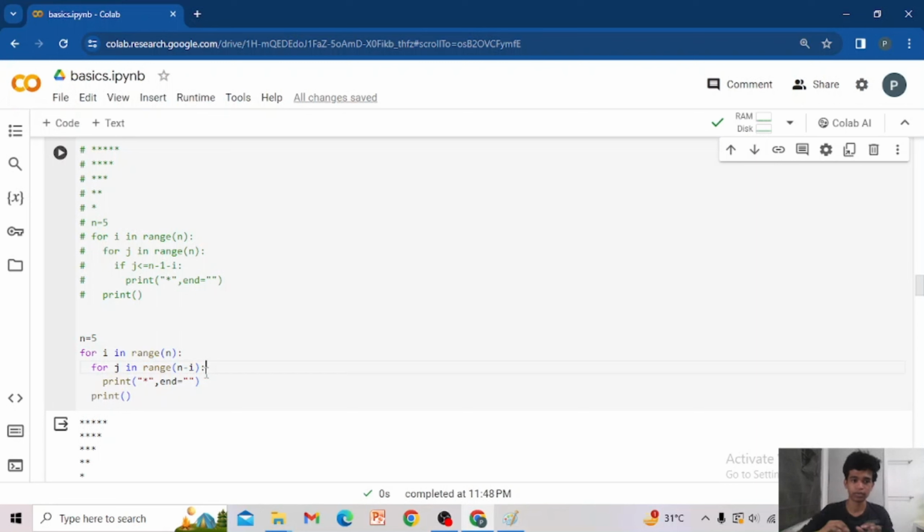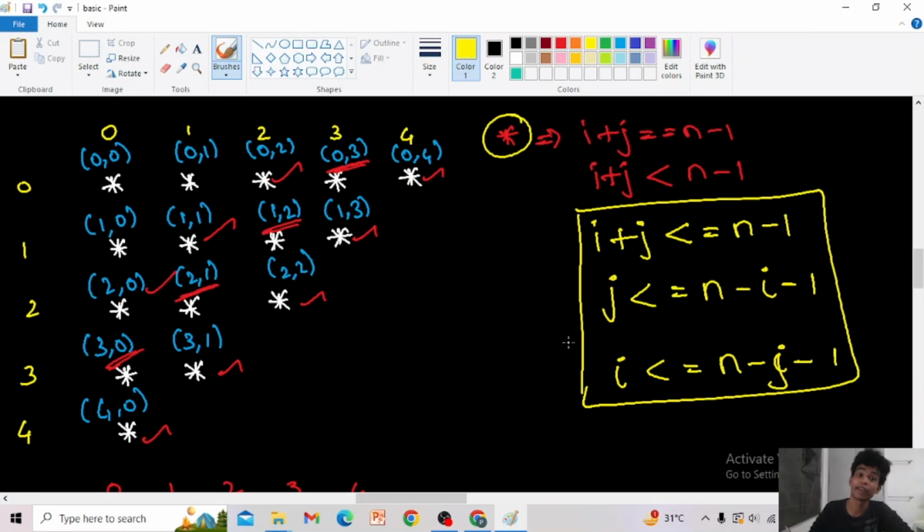Yes, and also we can think in another logic. That same logic I have written in the first case. See here, here I want to print 5 stars. Here 4 stars. Here 3 stars. Here 2 stars. Here 1 star.